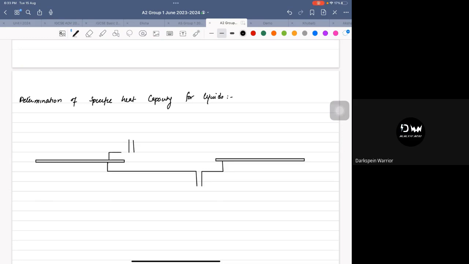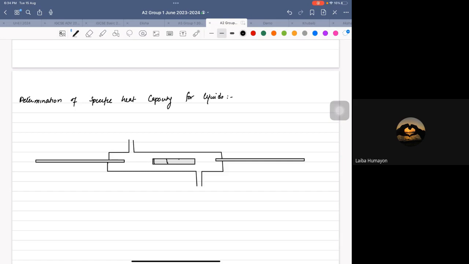This is kind of different. I'm going to show you. Yes, it's a condenser, I think. Yeah, it is sort of a condenser, but in physics it's not. So in this one, what we do is we put a coil. Basically, if you do not want to draw a coil, just draw a heater here.